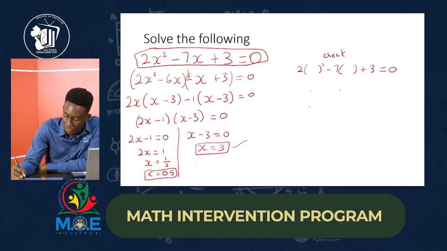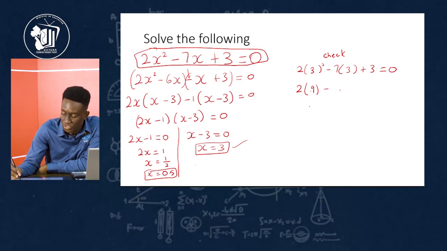So now let's replace 3 and see if that will satisfy. So instead of putting back x, we replace x and we'll put 3. So this will be 2 multiplied by 3 squared, which would be 9. Subtract 7 times 3 would give you 21, plus 3, and that should be equal to 0. 2 times 9 is 18.